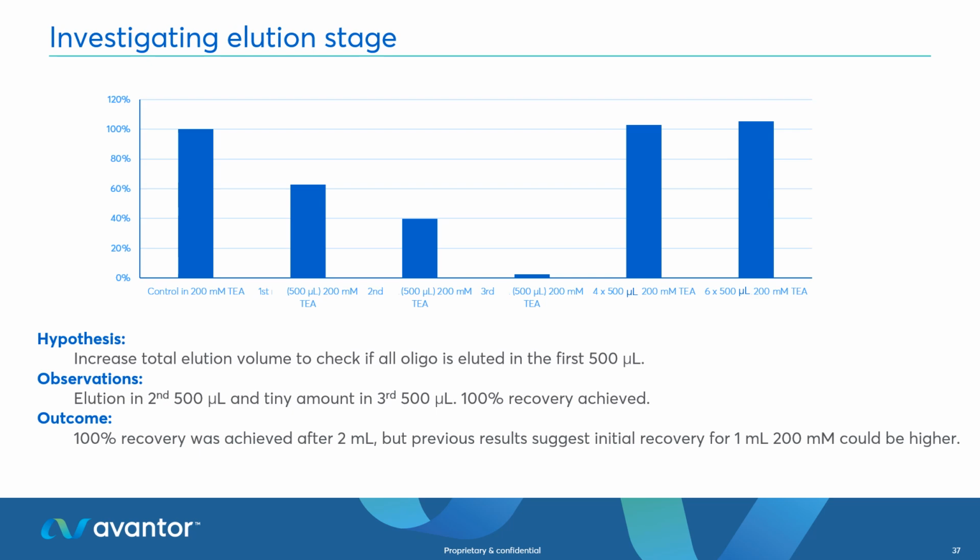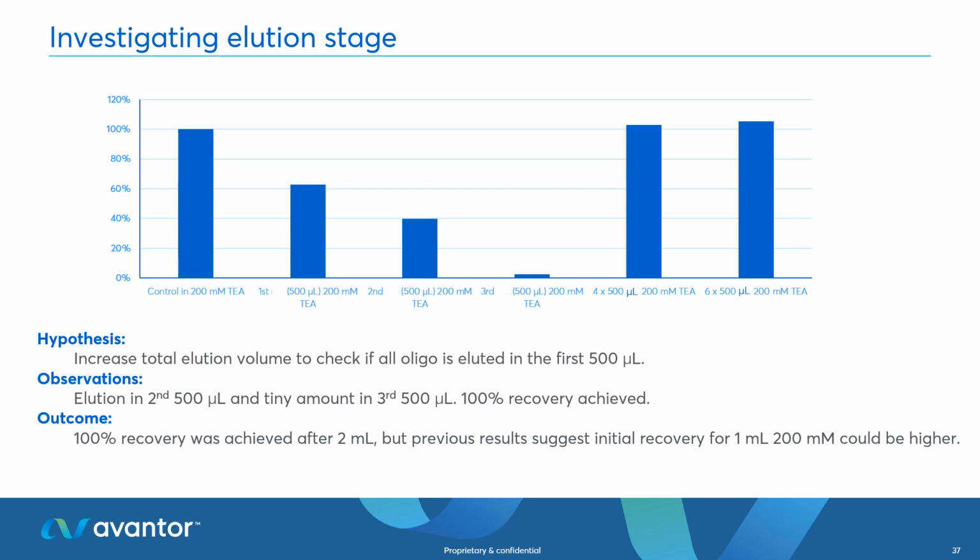We can see that in terms of the first 500 microliter solution, we have about 60% of the 20-mer thymidine oligonucleotide coming off, with 40% coming off roughly in the second elution of 500 microliters, and then in the third part we get a little bit remaining.